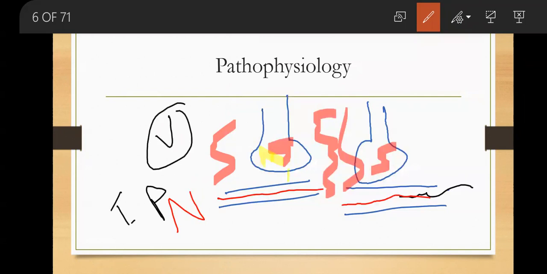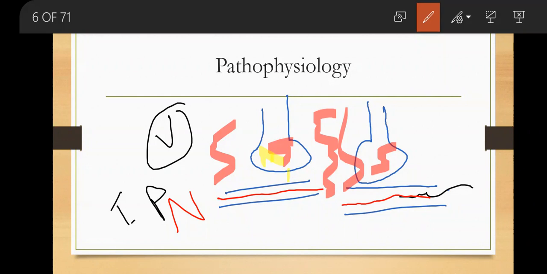So ventilation perfusion mismatch will lead to reduction in the diffusion of oxygen from the alveoli to the blood, and this will lead to arterial hypoxemia, and this will lead to desaturation, sometimes at rest and sometimes only when the patient is in demand, exercise, I mean.